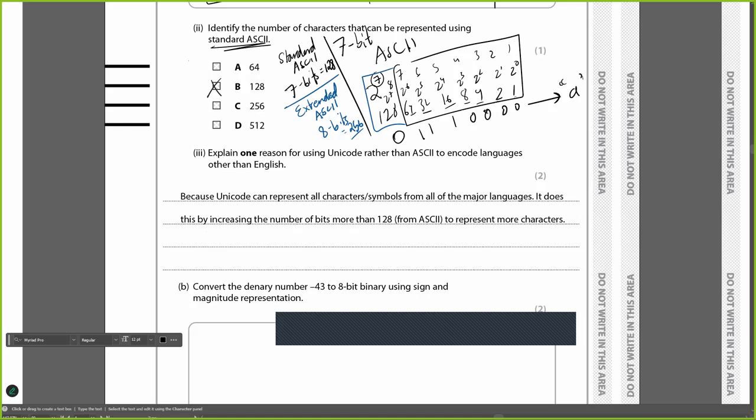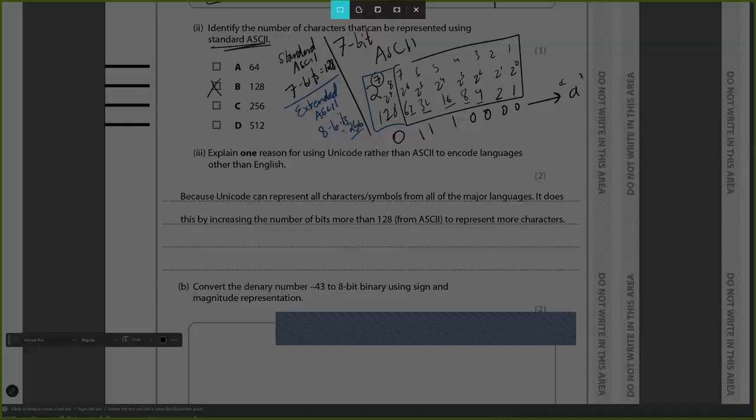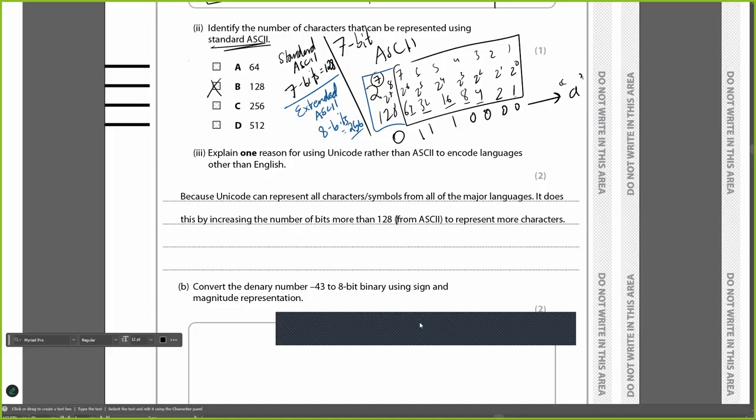Now I'm going to share the answer key with you here, and you can then compare your answers. Now remember, you'll get 2 marks for this.